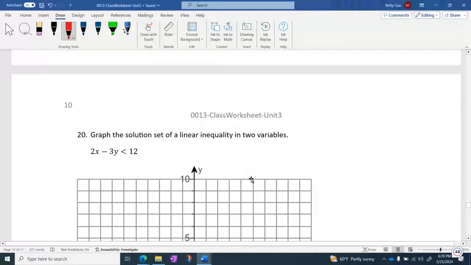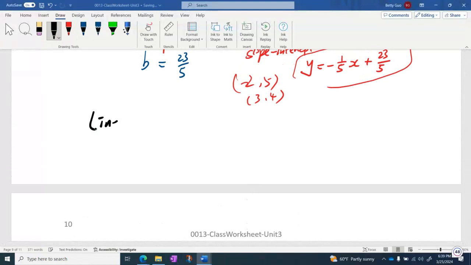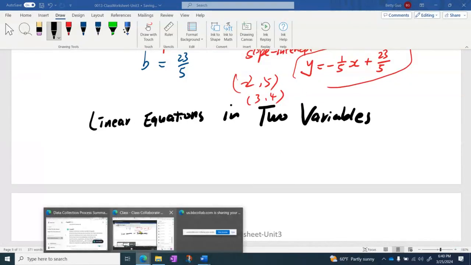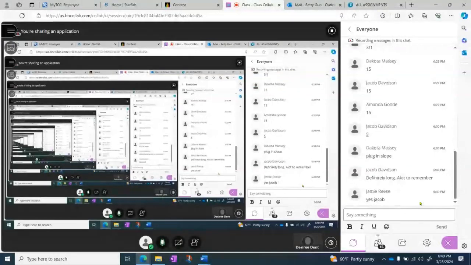In this chapter, we mainly deal with linear equations in two variables. Let's see any question. Definitely long, a lot to remember.